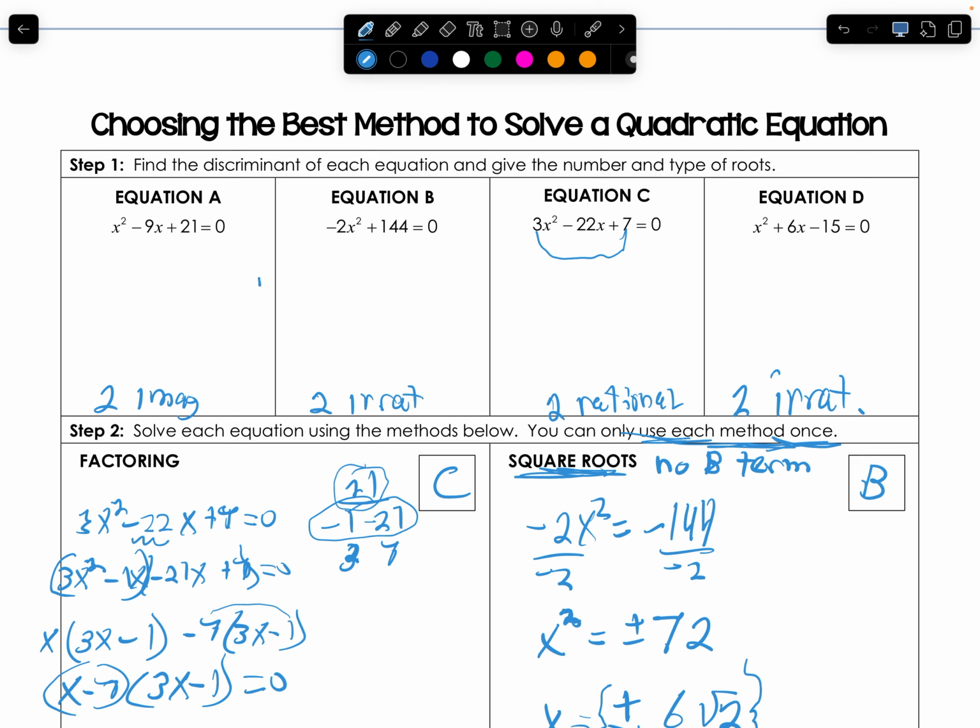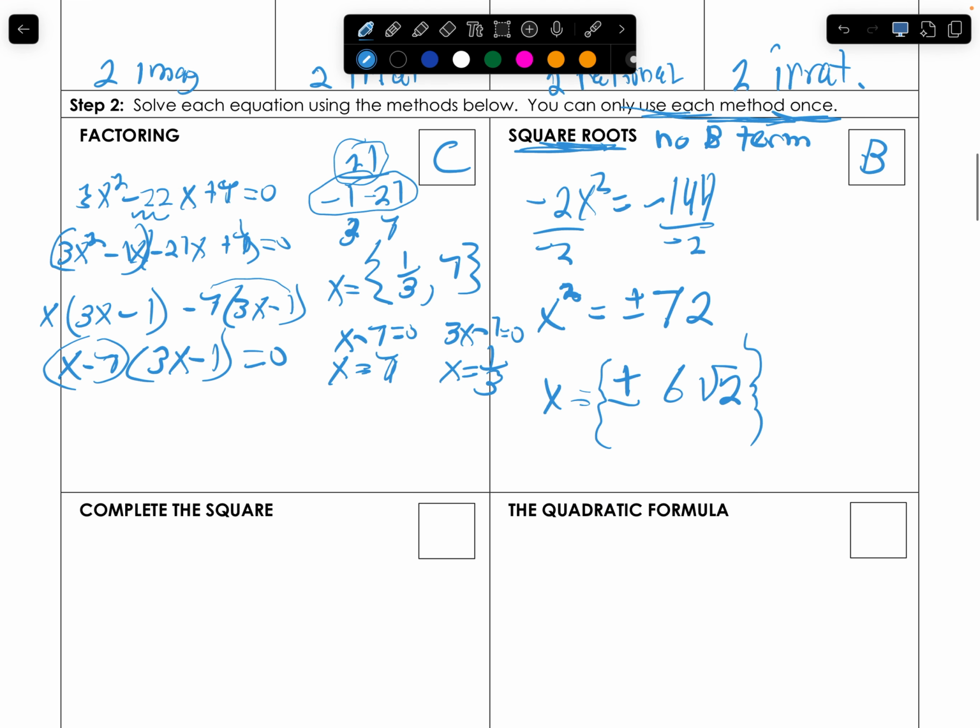If they're equal to 0, one of them equal to 0 gets you your answer. So x minus 7 equals 0, and 3x minus 1 equals 0. So x is 7, and x is 1/3. You can put those into some funky brackets. Okay, so there we go with that.